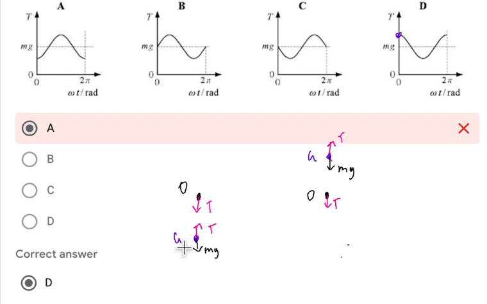Now, if this is a circular path in this kind of way, then we can write an expression down which is T minus mg equals mv squared over r, and because you have T on the vertical axis in all of these graphs, that will be T equals mg plus mv squared over r.